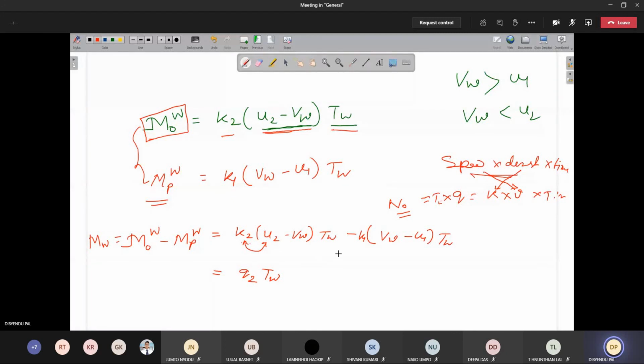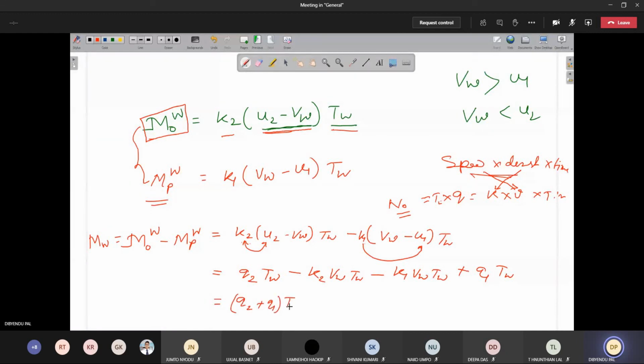So Q2 into TW minus K2 BW TW, as it is, minus again K1 BW TW. Now this minus plus K1 into U1 is Q1 into TW. So this is equal to Q2 plus Q1 into TW.